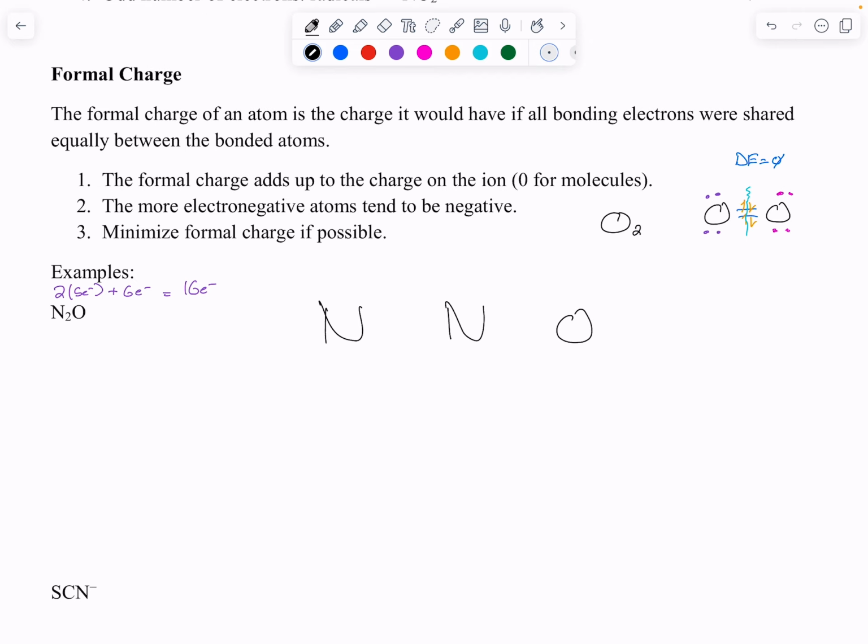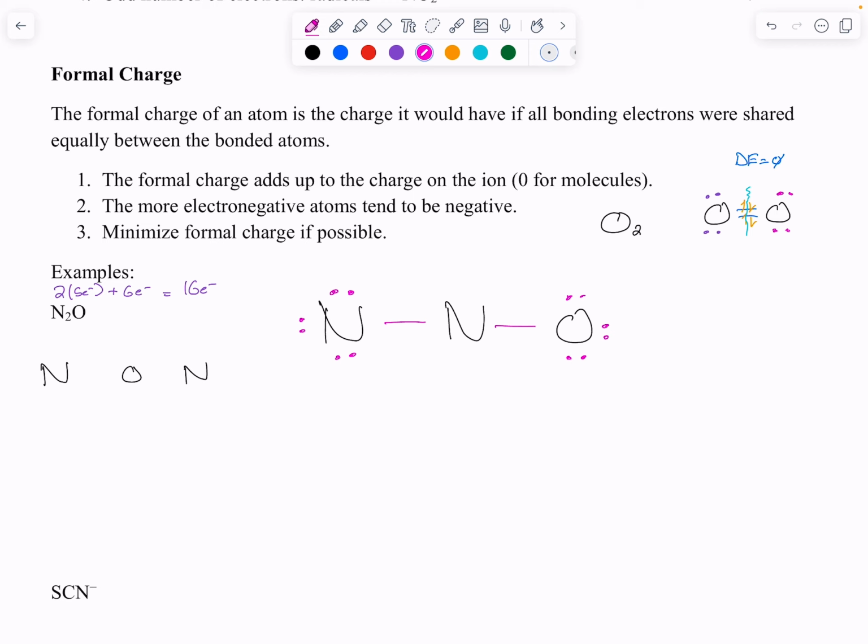So we've got N, O, N coming up. The first thing we do is bond them. 2, 4. Then we fill in the octets. 6, 8, 10, 12, 14, 16.